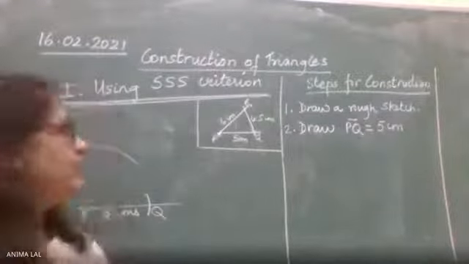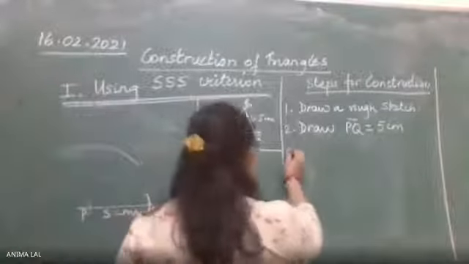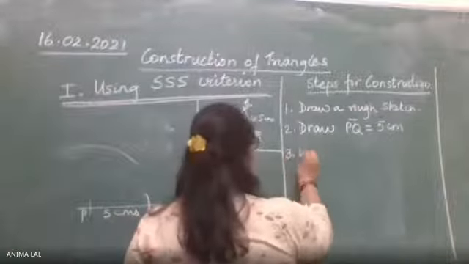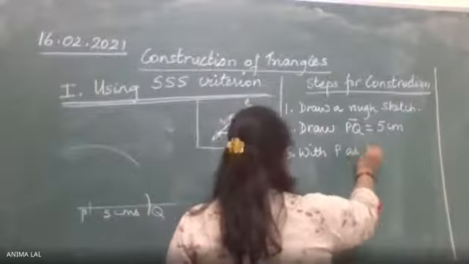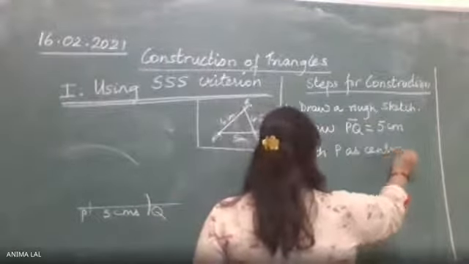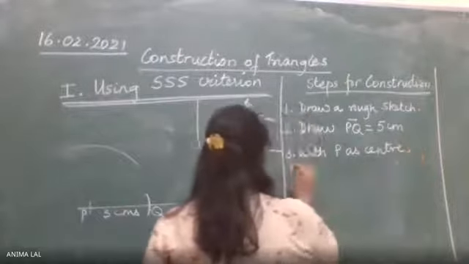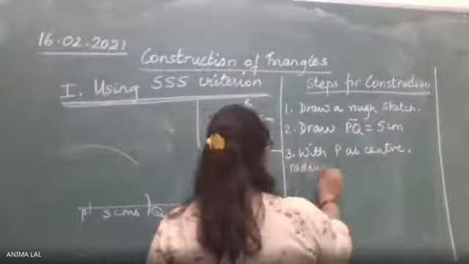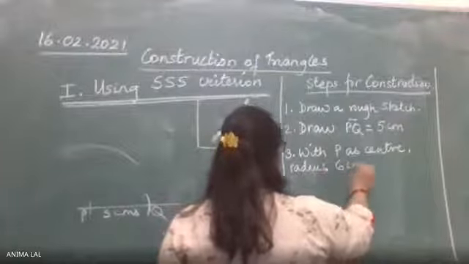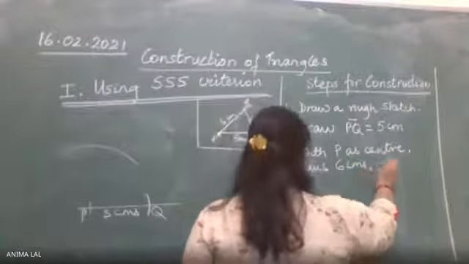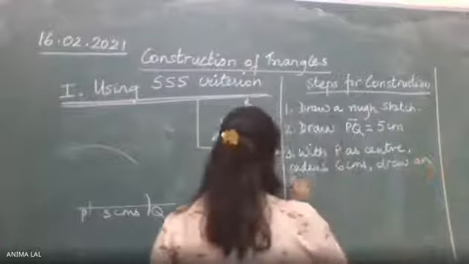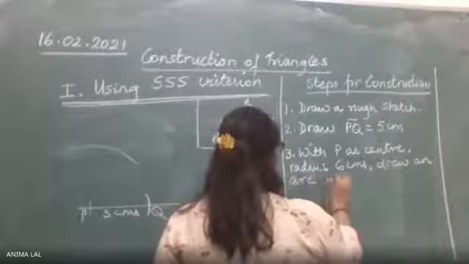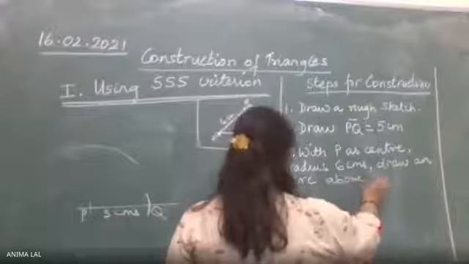Okay, so our next step that we did, step number 3: with P as center and radius 6 centimeters, draw an arc above PQ.